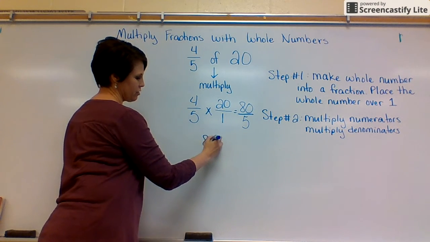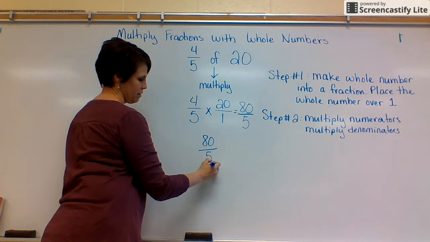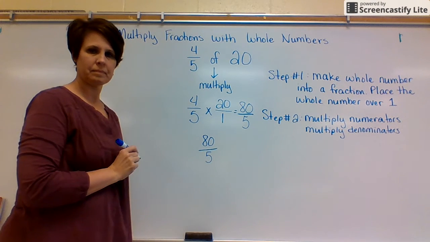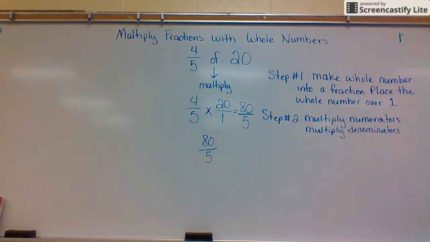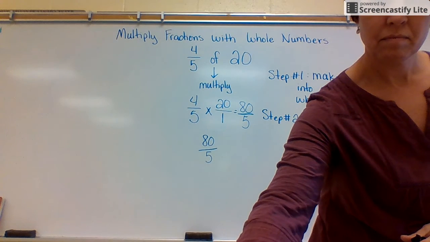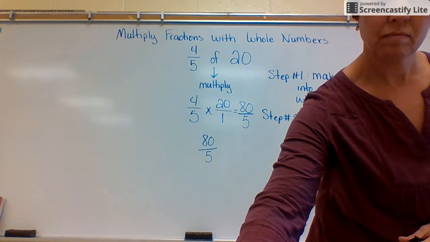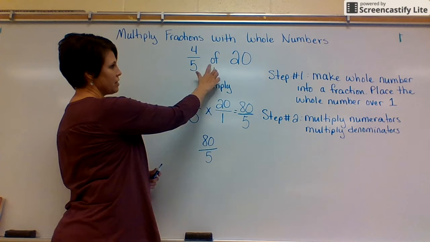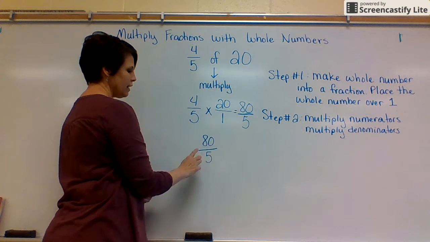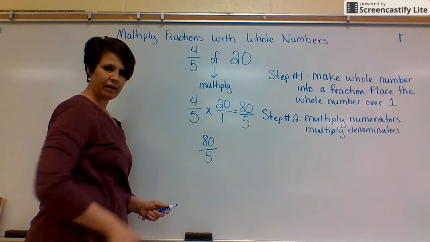That gives us an answer of 80 over 5. Okay, so 4/5 of 20 is 80 over 5.